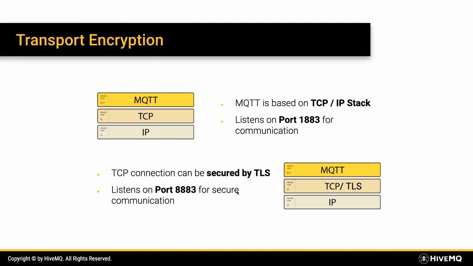For the experts among us, it's an OSI layer 4 protocol, so it's on the data transport layer. That's why it's called Transport Layer Security. This has become the de facto standard for transport encryption, and it is well suited for all TCP-based communication, which includes, of course, MQTT.